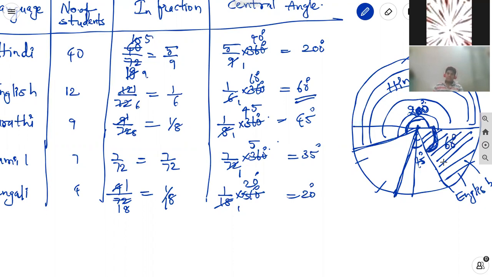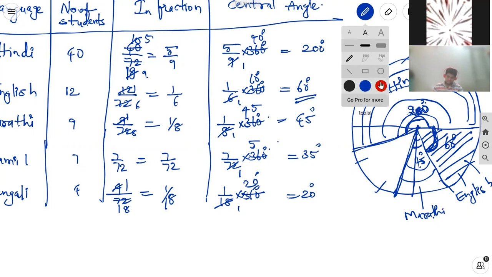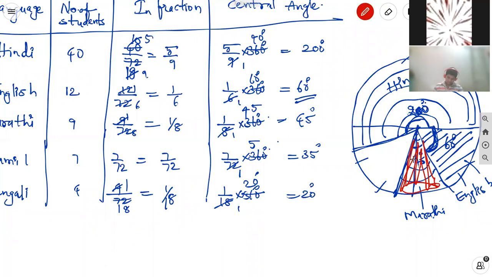This is 60 degrees. Okay. The 45 degrees is Marathi. It's Marathi. This is 60 degrees. This is 45 degrees. This is 200 degrees.